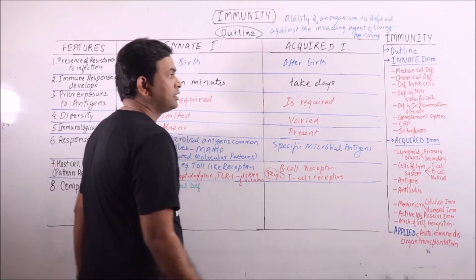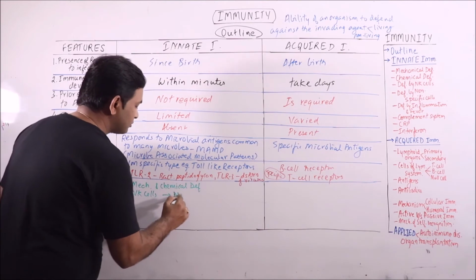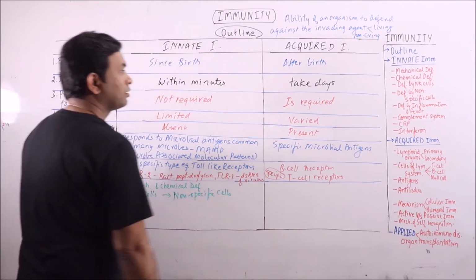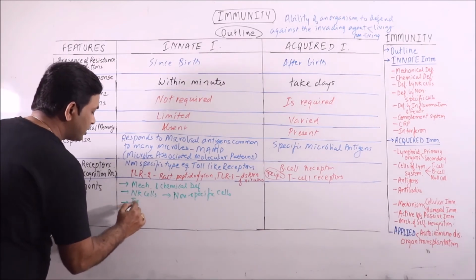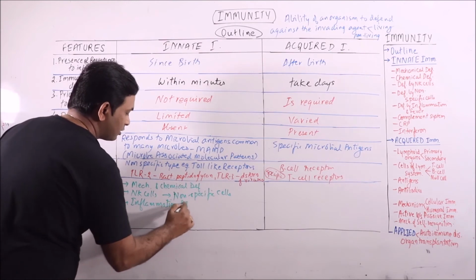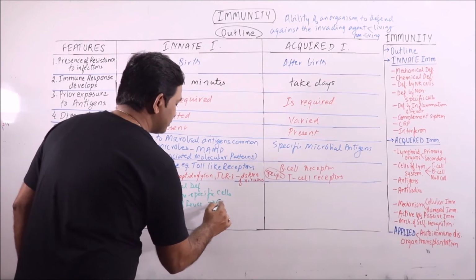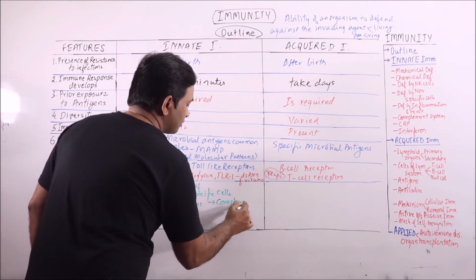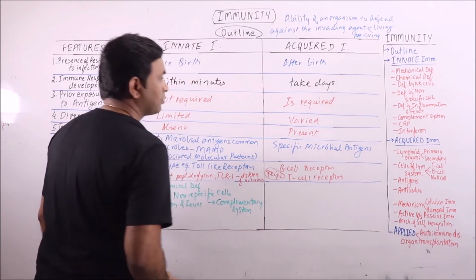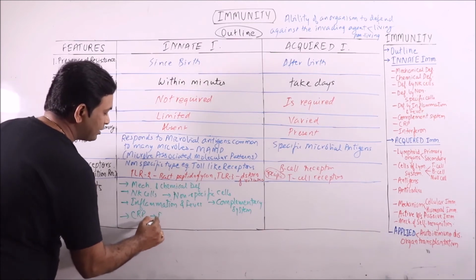We can see here NK cell, non-specific cells, inflammation and fever, then complement system, acute phase proteins like C-reactive protein and interferons.